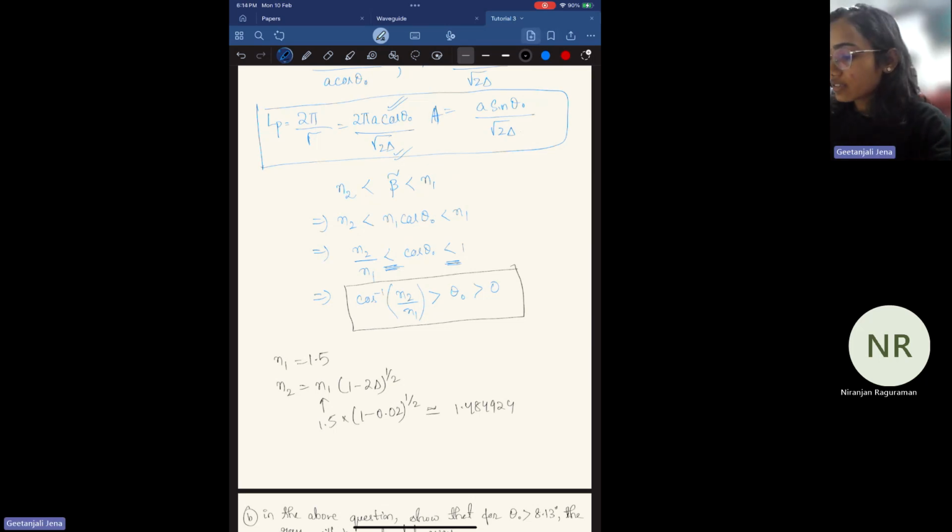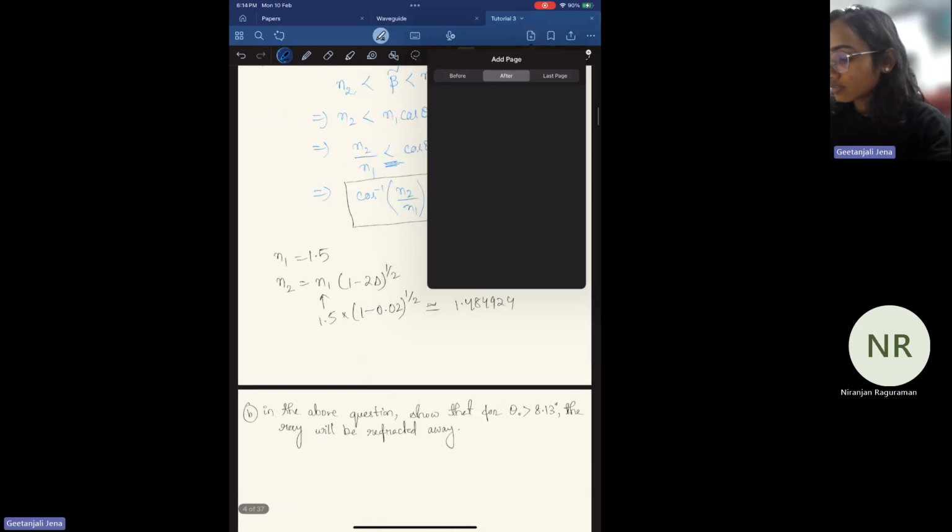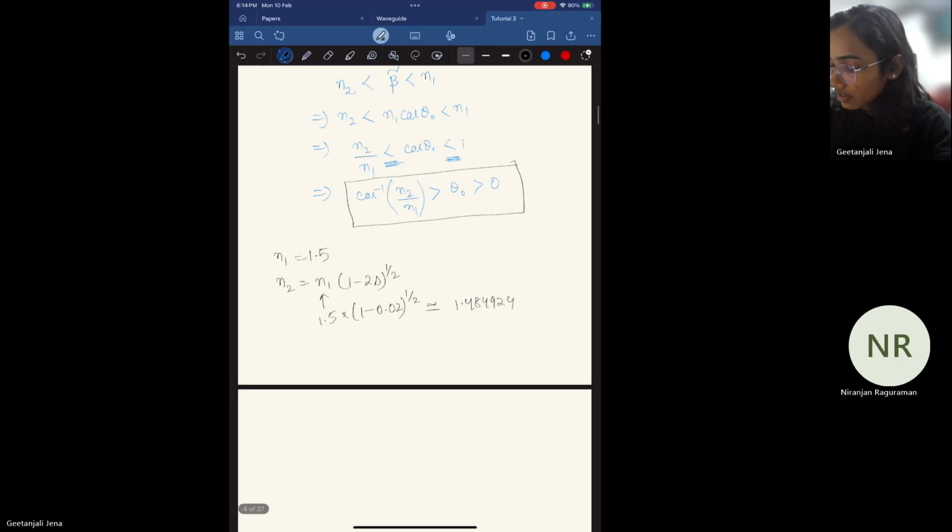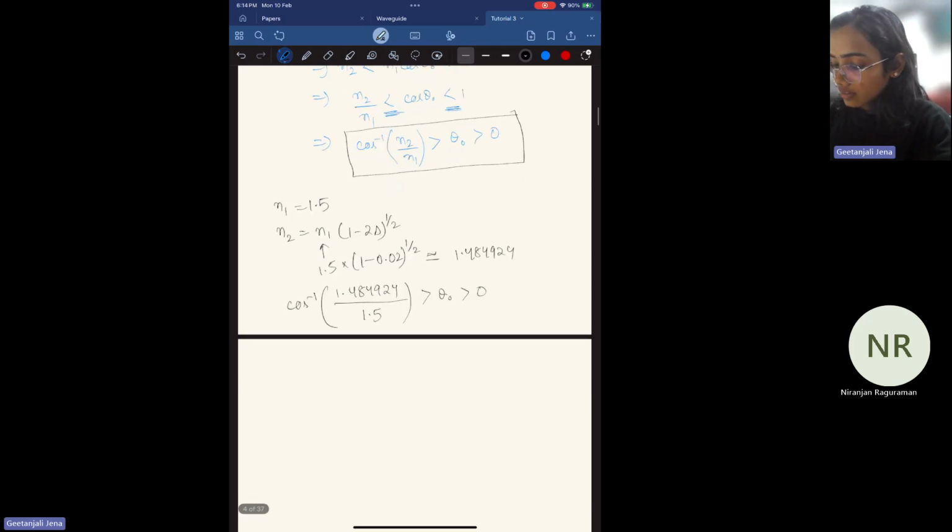Now if you calculate the range of theta, it will be cos inverse of n2 by n1, which is 1.484924 over 1.5, greater than theta 0, greater than 0.